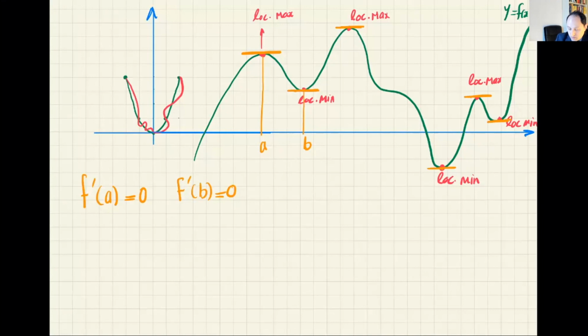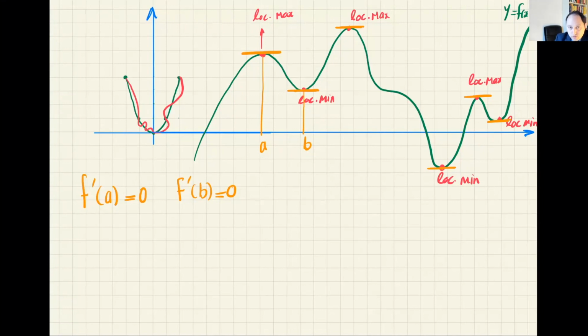Okay? So one thing that comes to mind might be this: I take the derivative of the function and equate it to 0, and then I find the answers. Those answers correspond to local maximum and minimum points of my function.